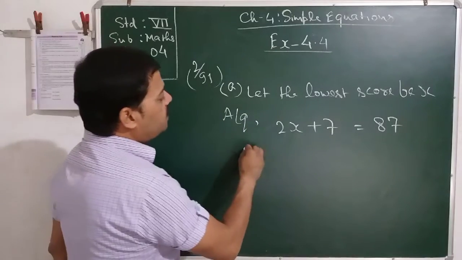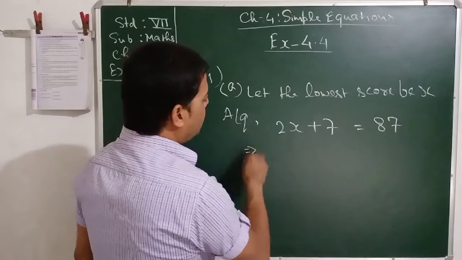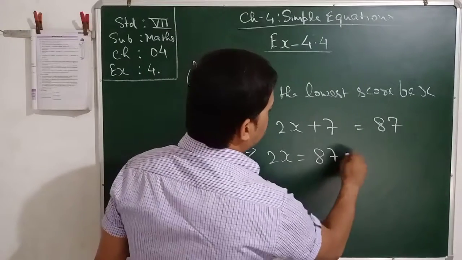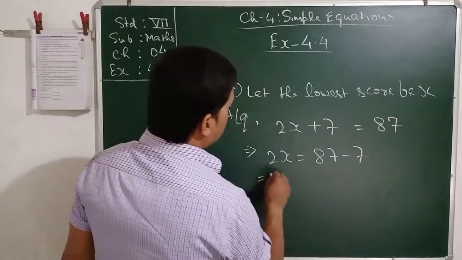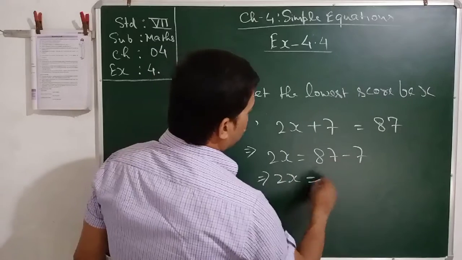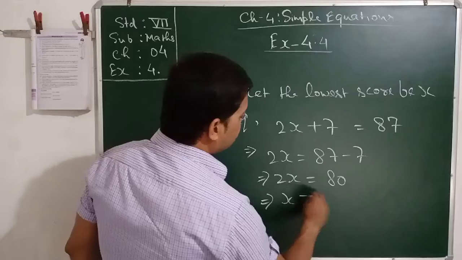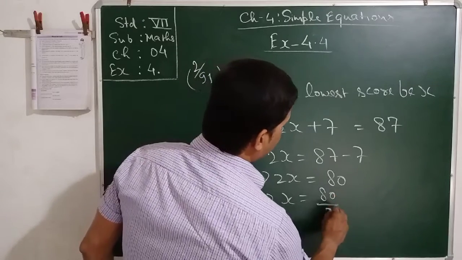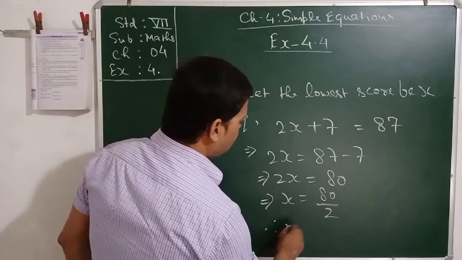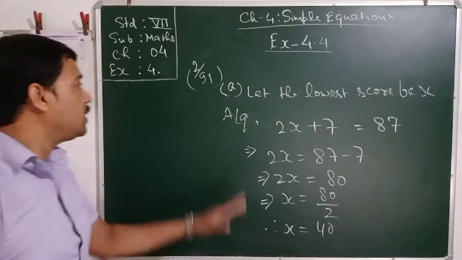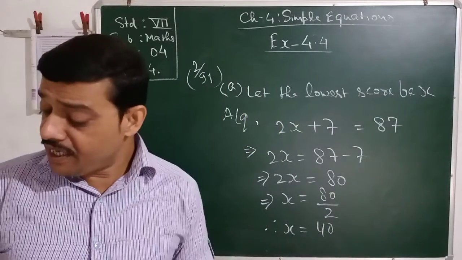Now if you solve this equation for x, 2x equals 87 minus 7, 2x equals 80, x equals 80 by 2, therefore x equals 40, and so on. You can solve B and C also.